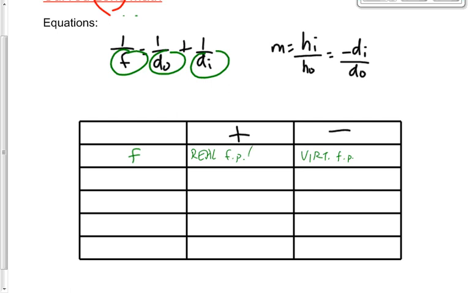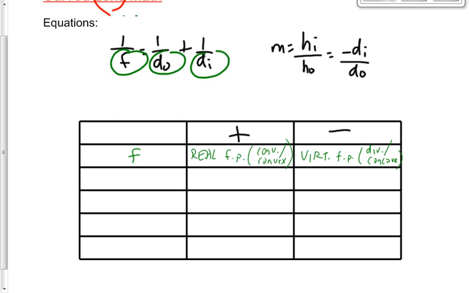So we're going to say converging or convex: a converging lens or a convex lens. A virtual focal point or a negative focal length will be a diverging lens or a concave lens.